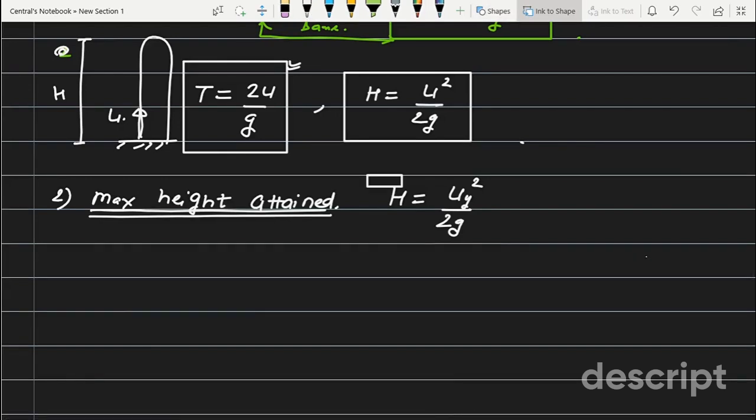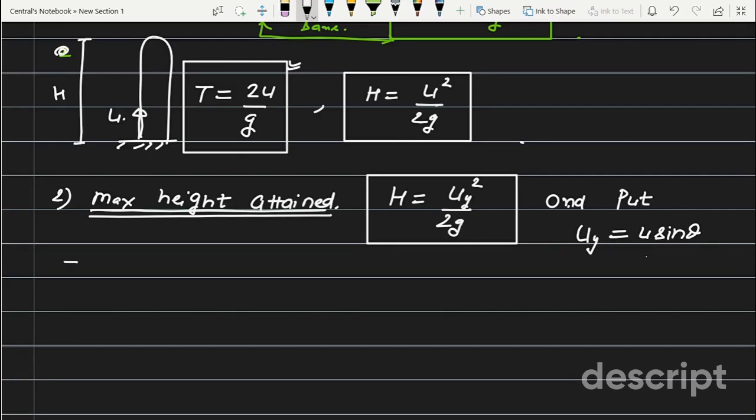Just as we talked about u square by 2g, u will be replaced by uy, and put uy equal to u sine theta. So we will get maximum height equal to u sine theta whole square by 2g.